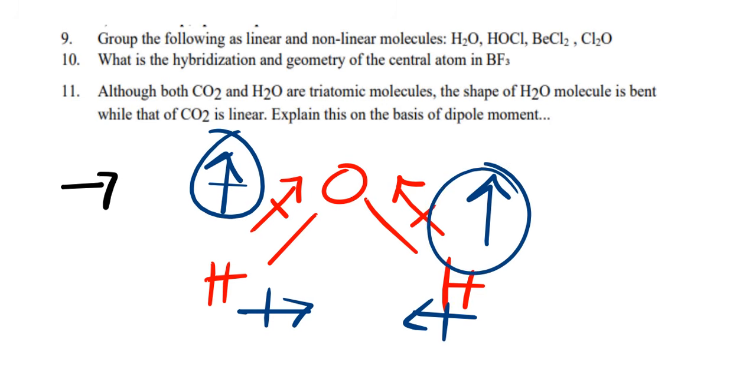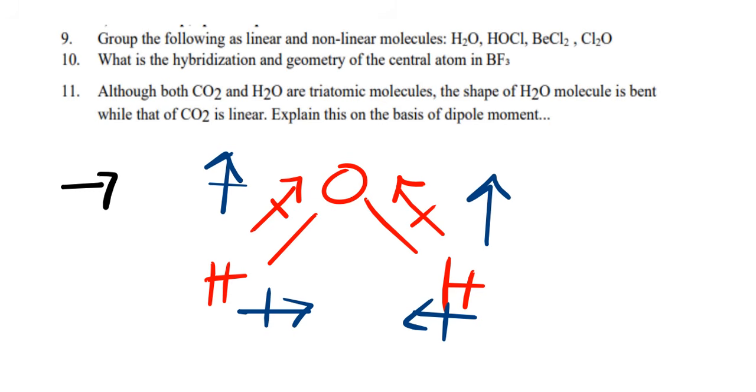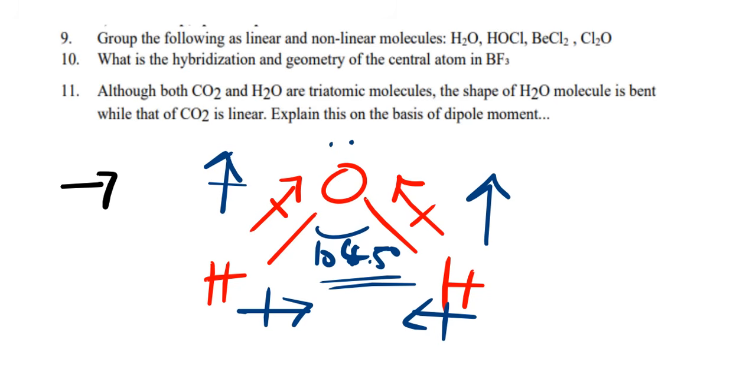Because they are parallel to each other, they are going to add up, and that is the bent structure. The other thing is the lone pairs on the oxygen. Lone pairs push the bonded pairs closer together, and this usually creates a bond angle. You know that the bond angle that is usually formed is about 104.5 degrees. So this is how we solve these questions.